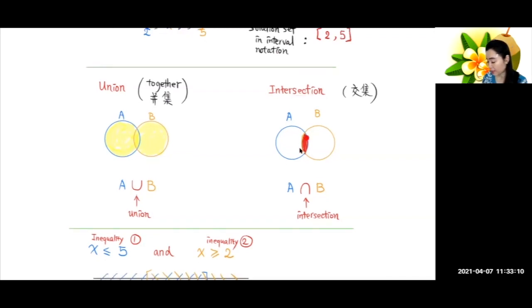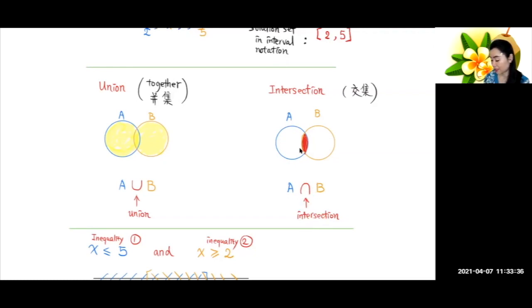Intersection is the part where they cross each other. A intersect B is this part right here. Intersection is kind of the opposite of union, so you turn the union sign upside down, like an upside down U. That's the symbol for intersection.